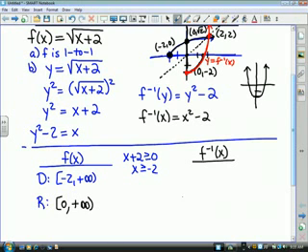Right? What is the range of the red graph? The range of y values? Infinity. Because it's going to keep on going. What's the domain of that red graph?